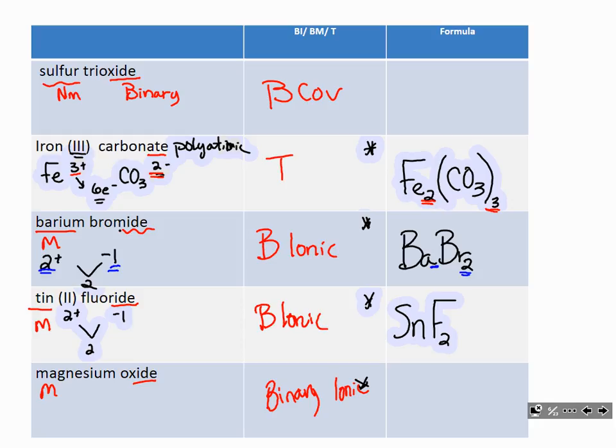However, if we look at the example here from magnesium oxide, magnesium's charge is 2 plus on the periodic table. Oxygen is 2 minus. So you might be tempted to say that the formula for magnesium oxide is Mg2O2. But that is not the case, because we do not need 2 magnesiums to cancel the charge of 2 oxygens.